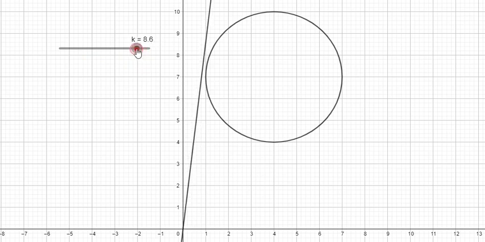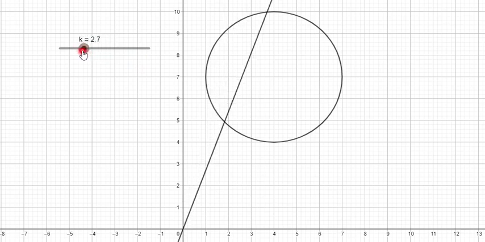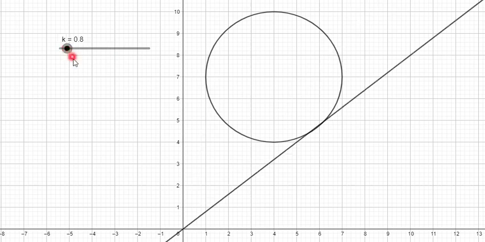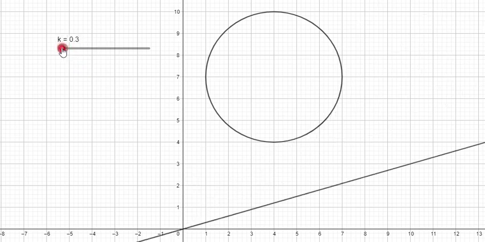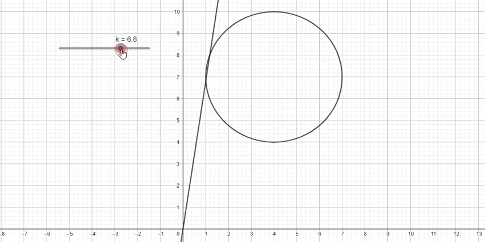As we can see, k needs to be about 7 or so, less than 7, going down, still intersecting twice. Okay, so about 1, 0.8, 0.7 maybe will be where it then goes off the circle again. So we think it's going to be around those two values, about 0.7 up to about 7.